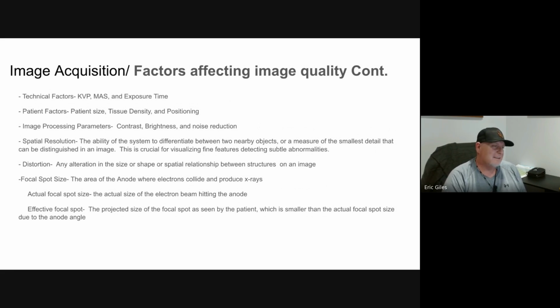Okay, so yeah, spatial resolution, the ability to differentiate between two different things. That's what that is. Distortion, any alteration in size or shape or spatial relationship between structures on an image. And we'll look at some examples of distortion here in a minute.